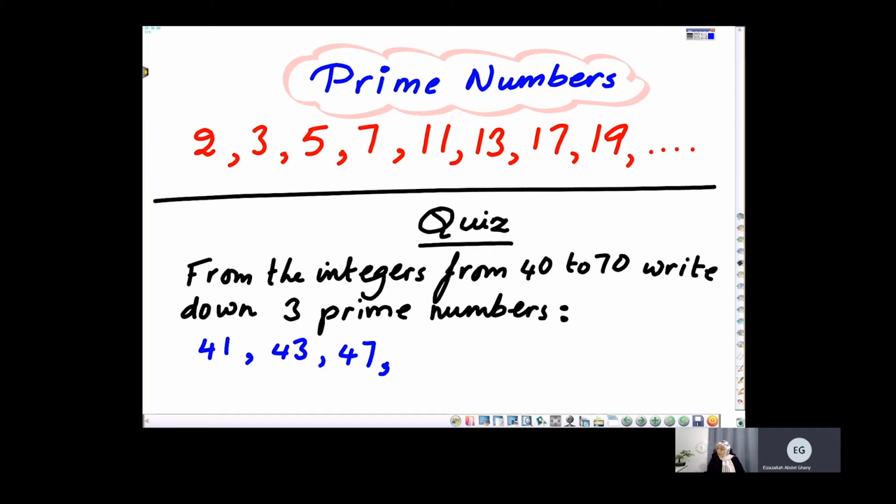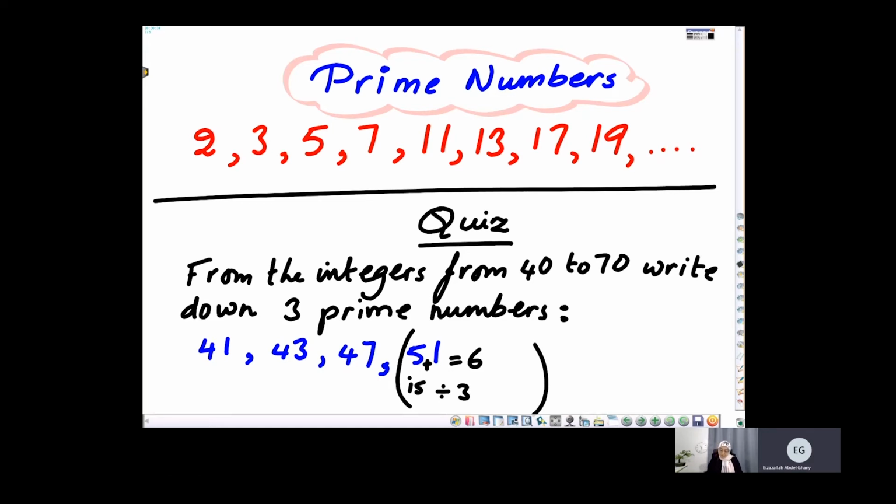Okay, what about 51? No, 51 is not prime. We learned before, if you add 5 plus 1, it is 6, so 51 is divisible by 3. It's not a prime number.